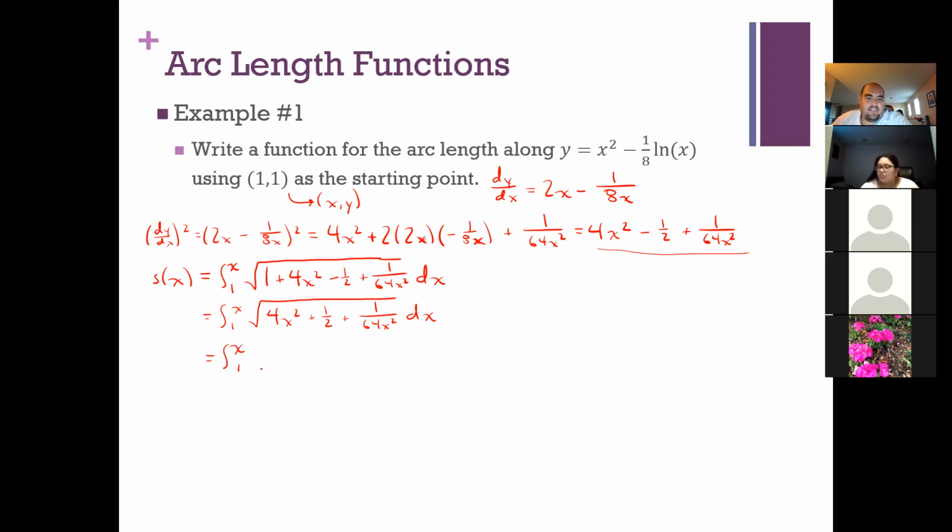The fact that this is a perfect square really helps me out. So this is the square root of 2x plus 1 over 8x, squared, dx. So this is the integral from 1 to x of 2x plus 1 over 8x dx. And I just realized that I should not be using x for any of these variables.